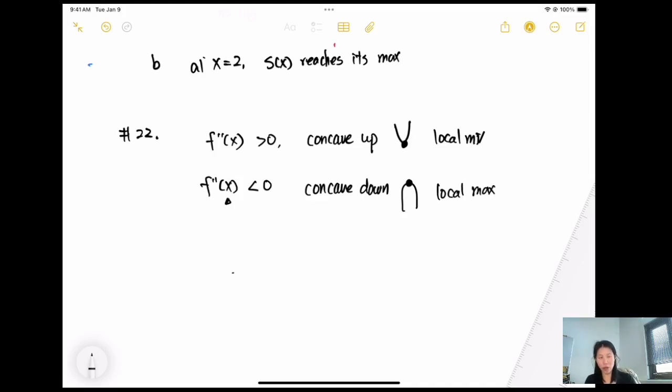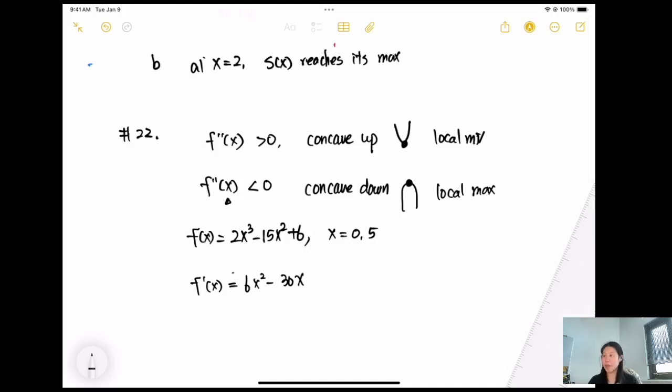Now, number 22. We are given a function f(x) equals 2x cubed minus 15x squared plus 6. x equals 0 and 5 are your critical points. Now let's find the first derivative. We have 6x squared minus 30x plus 0.